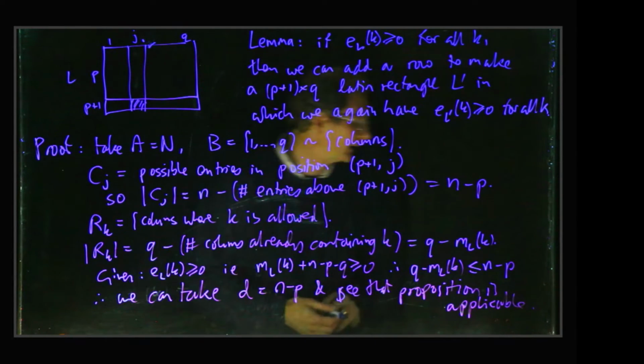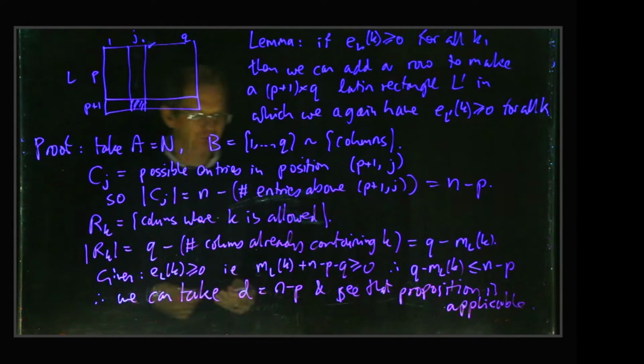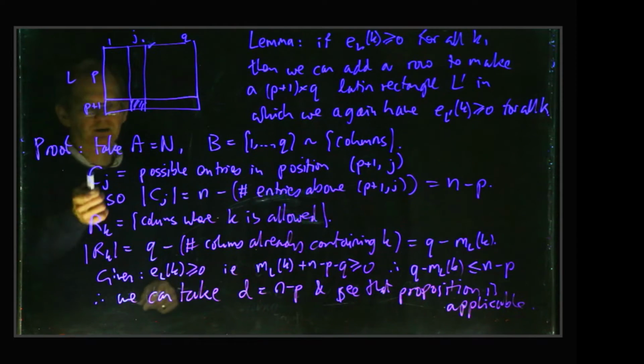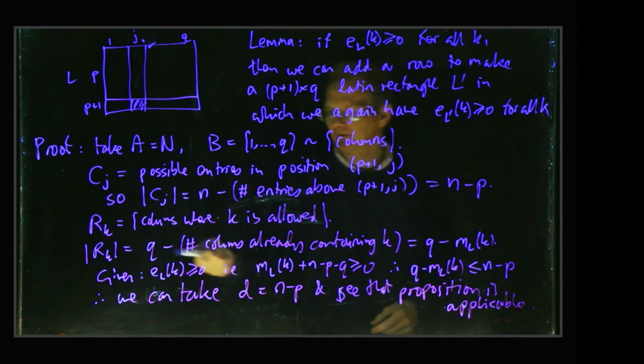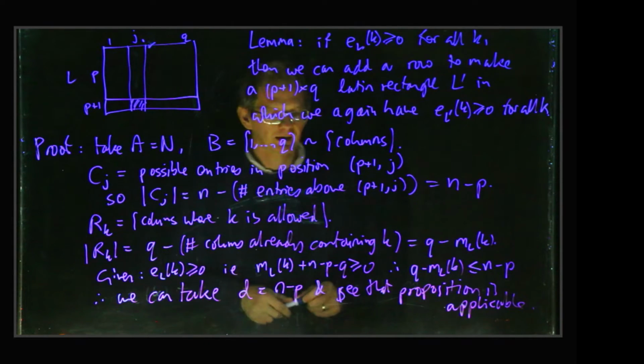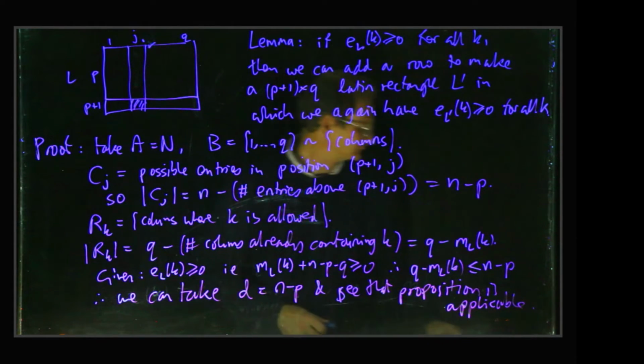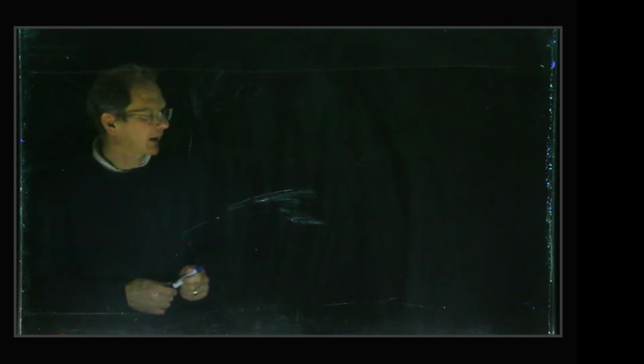So the proposition we wrote on the previous screen, the hypotheses were that the column sets Cj had size equal to d, and the row sets Rk had size less than or equal to d.